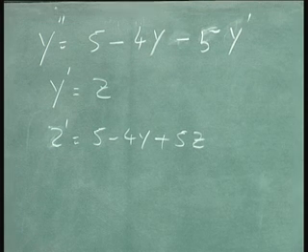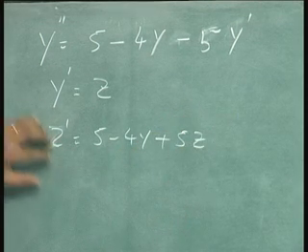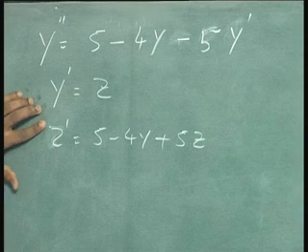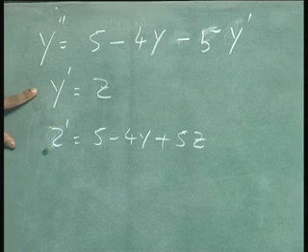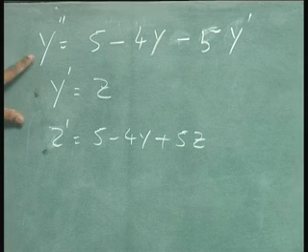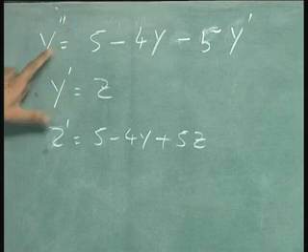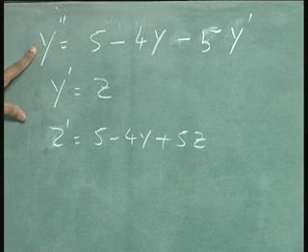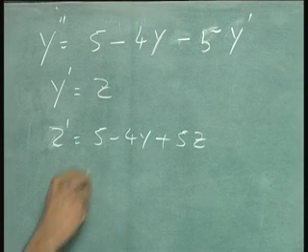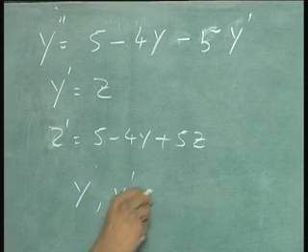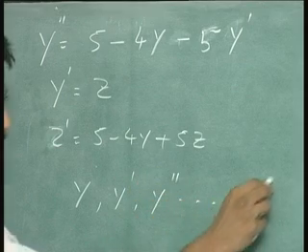Since our aim here is to solve these things numerically, we should also see how we develop an algorithm for this. One thing which we will do is that when you have an nth order equation like this, the solution will have y and y prime, y double prime, all the way to y^(n-1), right?